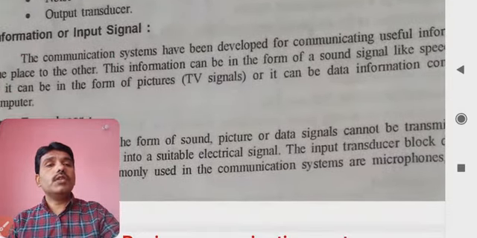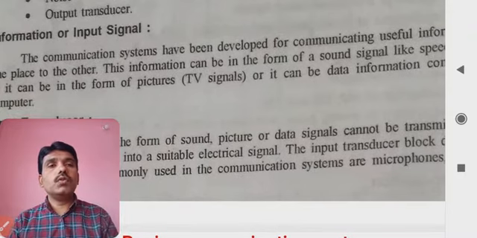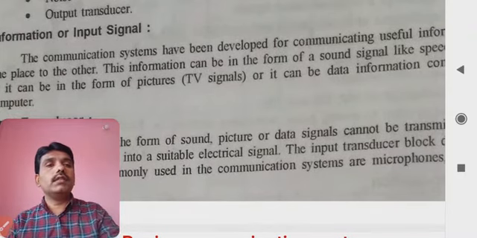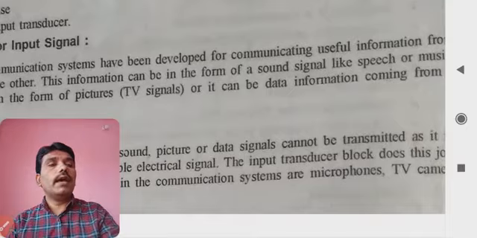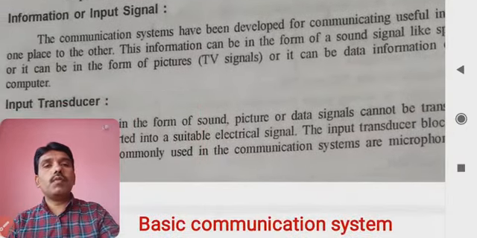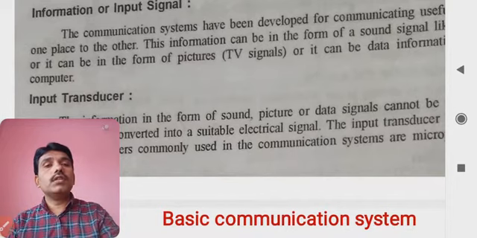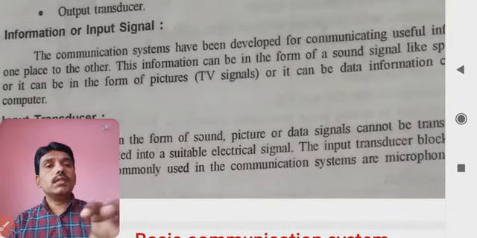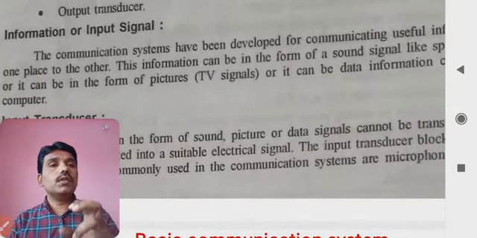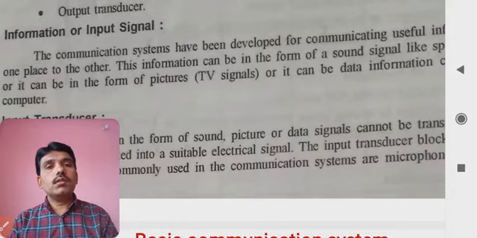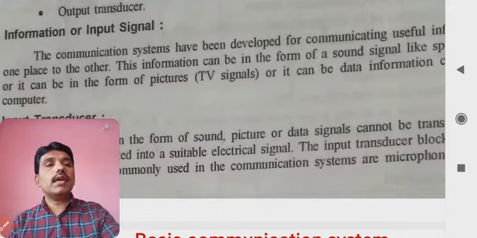As I told you, the input signal may be in the form of a picture, a sound signal, speech, music, or particular data information. These input signals are used in communication engineering for communicating a signal from one place to another.